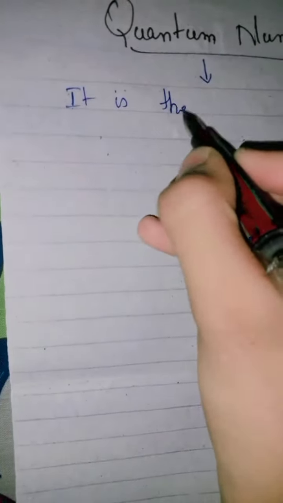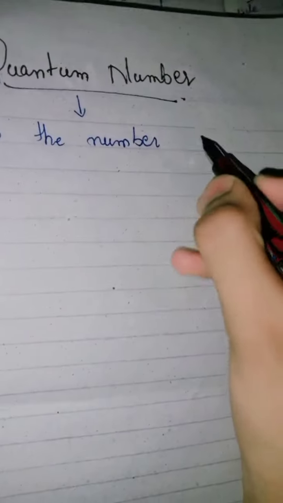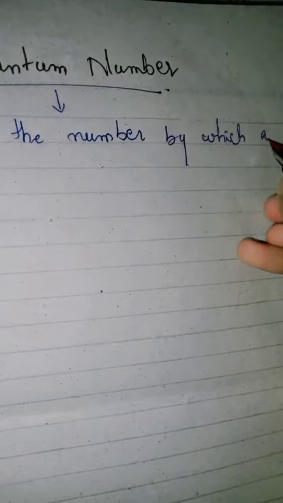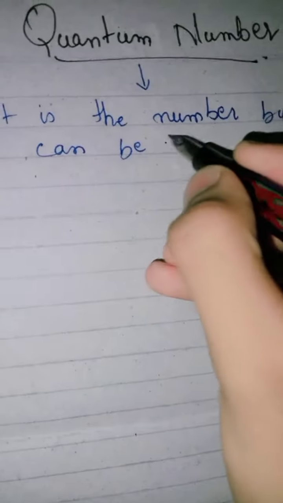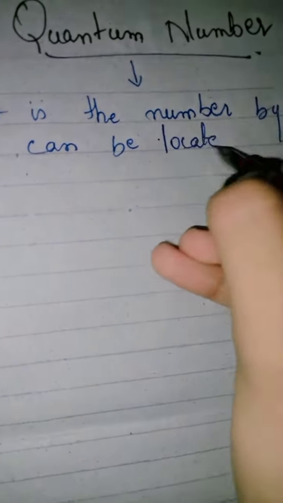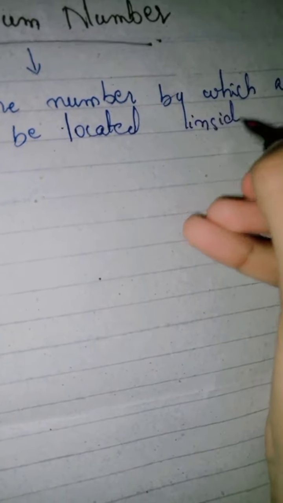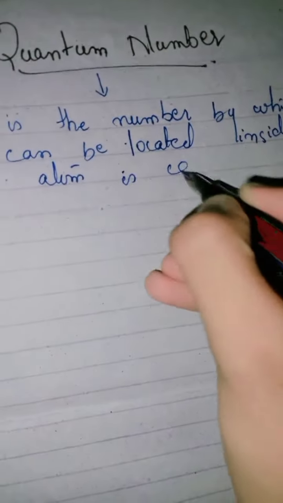It is the number by which an electron can be located inside an atom is called quantum numbers.